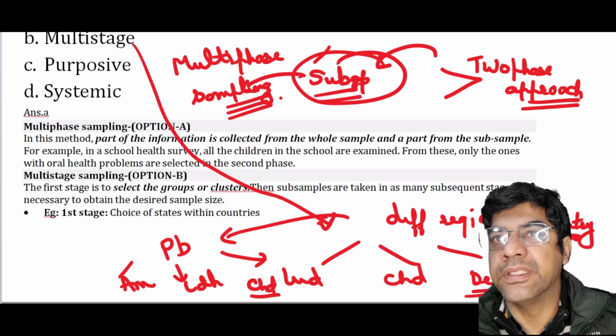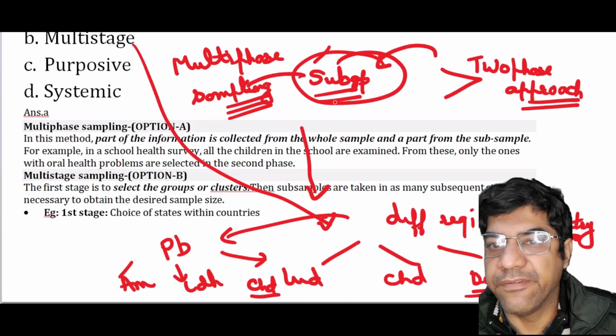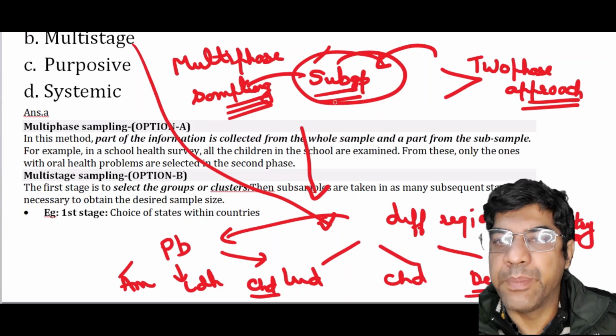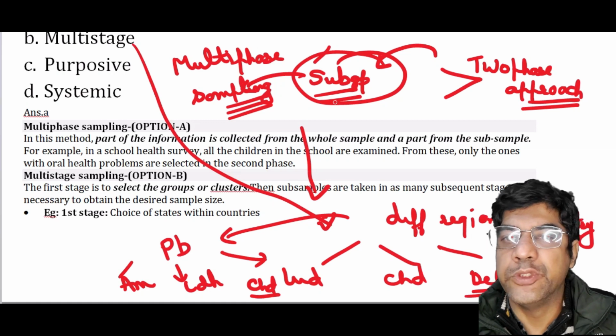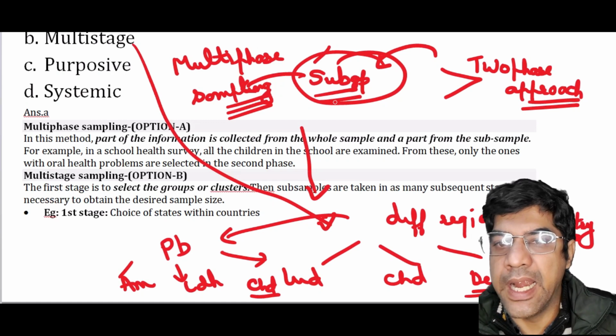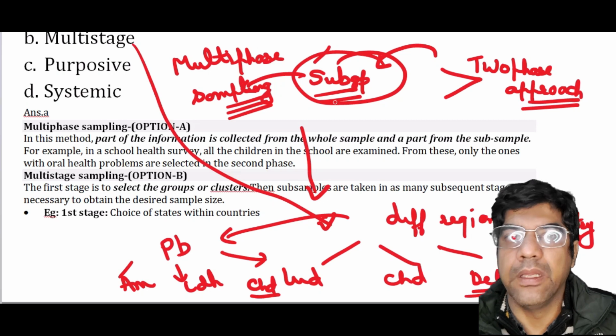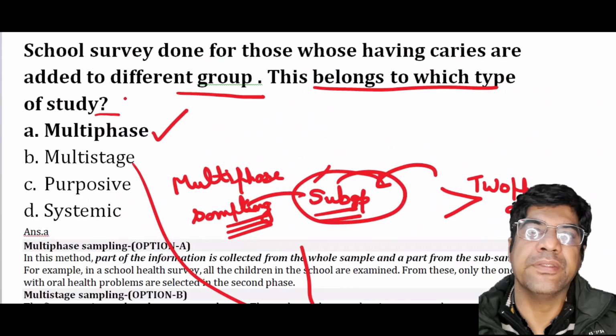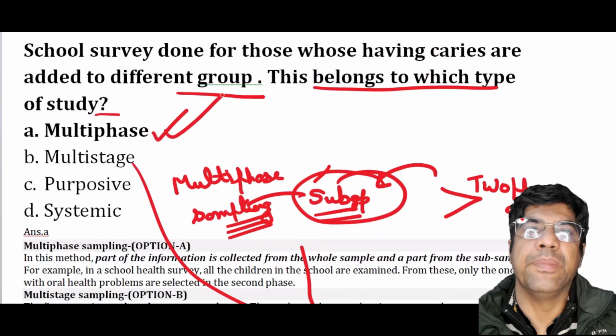So that is a multi-stage sampling. An example is a nationwide health survey where the states, cities and neighborhoods are successively chosen to create a diverse and representative sample. So the answer for this MCQ is the multi-phase sampling.